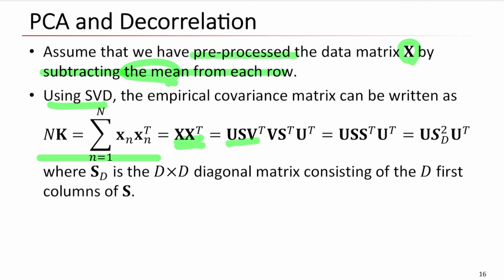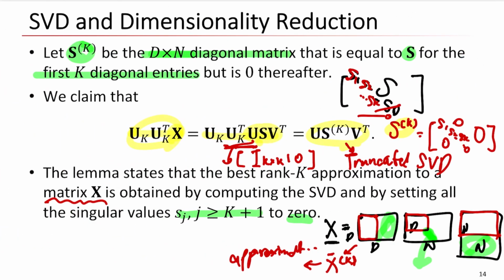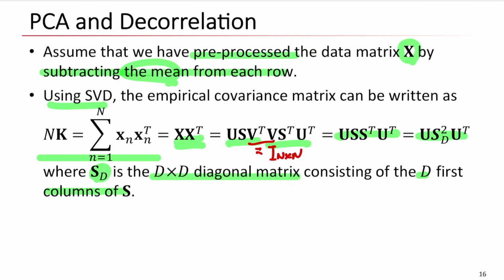So what is X? X is U S V transpose and X transpose is V S transpose U transpose, right? Then because this is the M by M identity matrix, this term is something like that, okay? Where this one is the D by D diagonal matrix consisting of the first D columns of S, but with the square term, right?